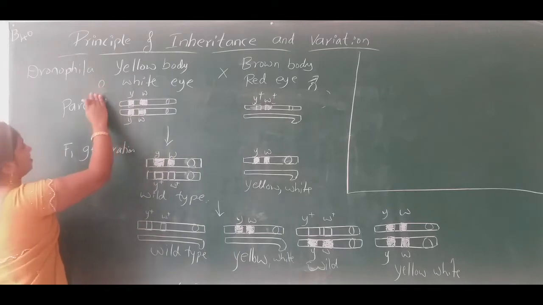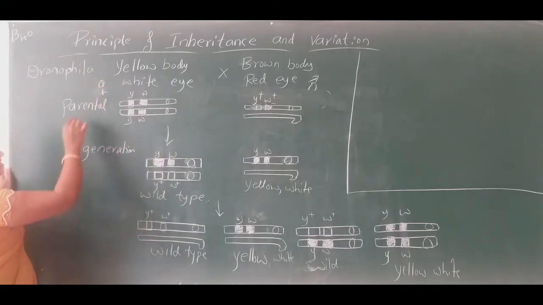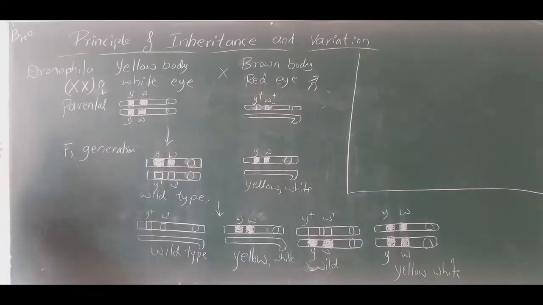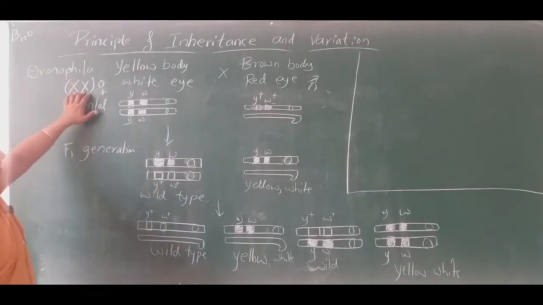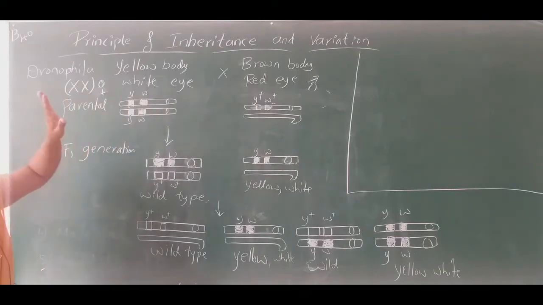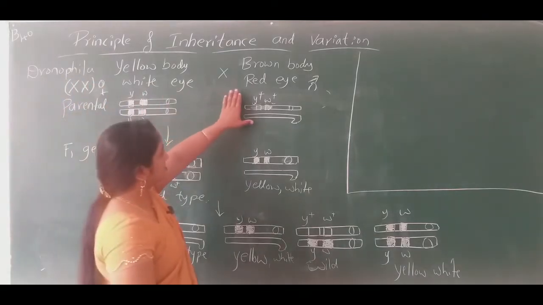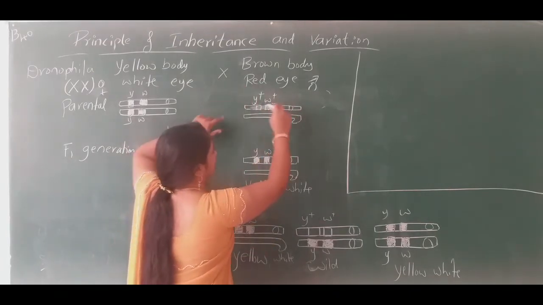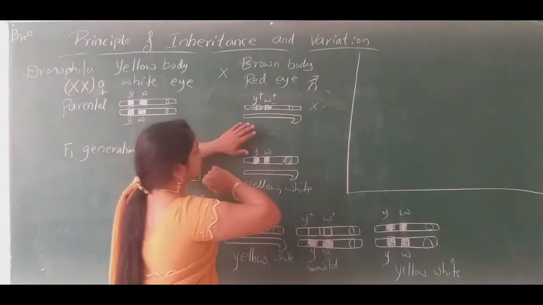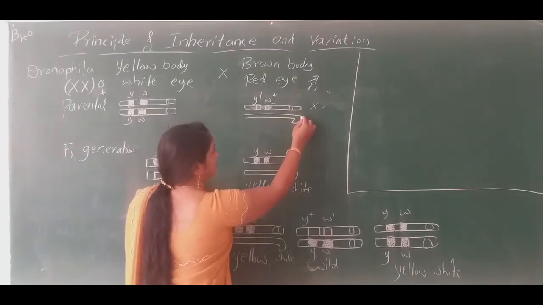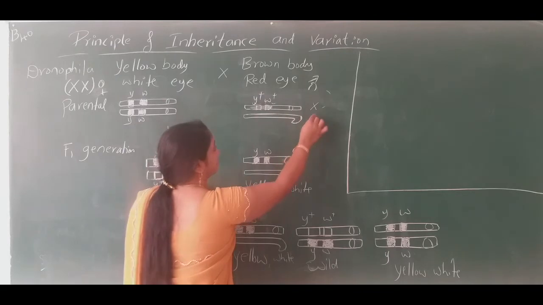Because we have taken this as female, we have to show the XX type of chromosome. Why? This is sex-linked inheritance. On this side I have drawn this strand, which means this is the X chromosome, and a little bit of a limb I have drawn here. Now the hook type.